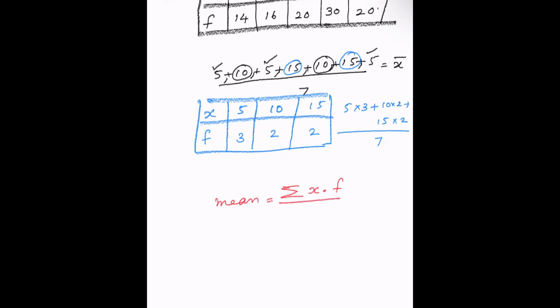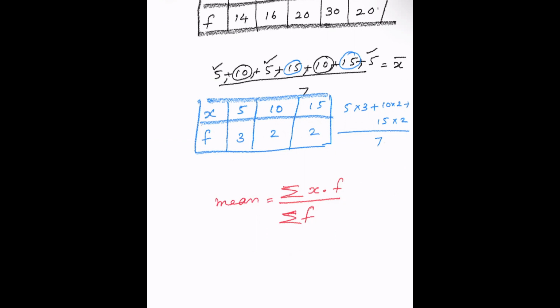That's all. Divided by the total frequency, which you can write as sigma F. The sigma symbol represents F1 plus F2 plus F3 and so on, all the frequencies added up.